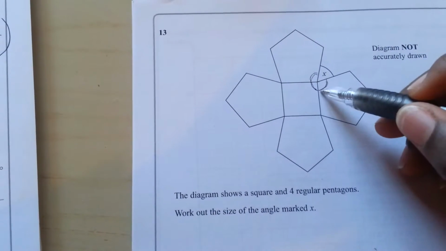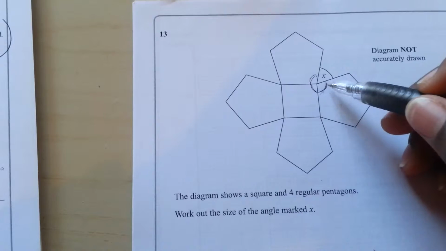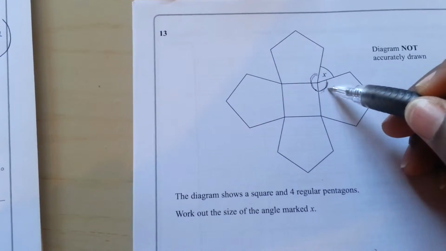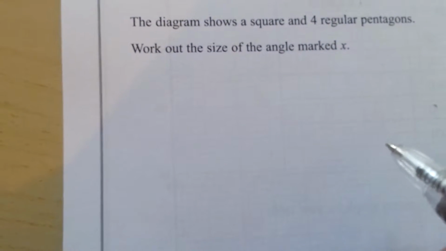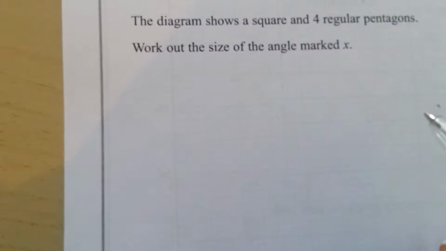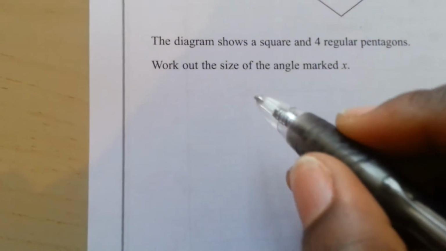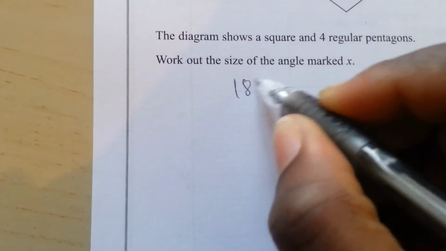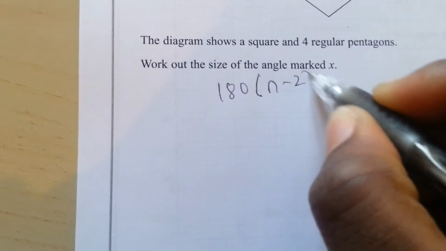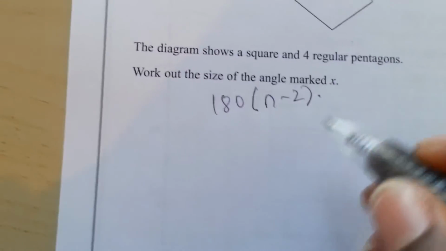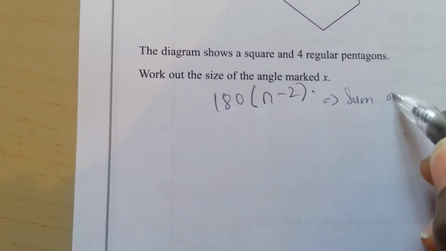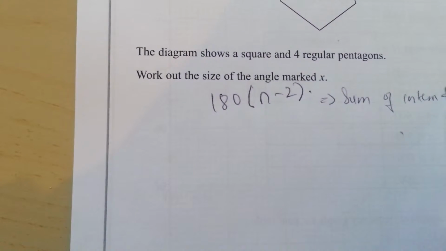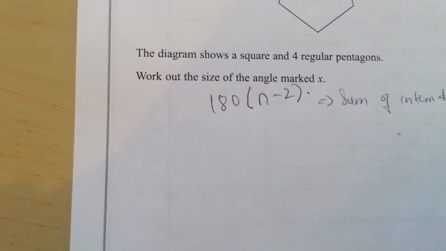Okay, so let's first find out one of the angles of this pentagon. Because it's a regular pentagon, the formula that is normally used to find the total internal angles of a polygon is 180 into n minus 2. That is the sum of internal angles.